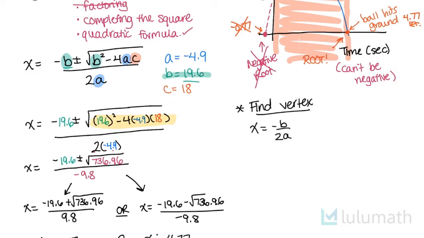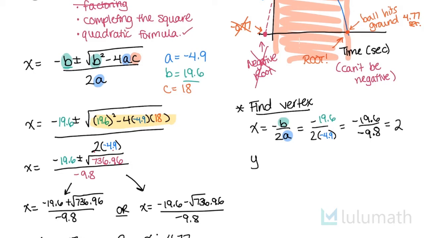Here we know our b value is 19.6, and our a value is negative 4.9. So we fill in negative 19.6 over 2 times negative 4.9. This turns into negative 19.6 over negative 9.8, and when I divide that, I end up getting 2.